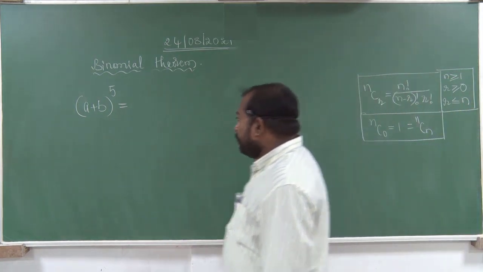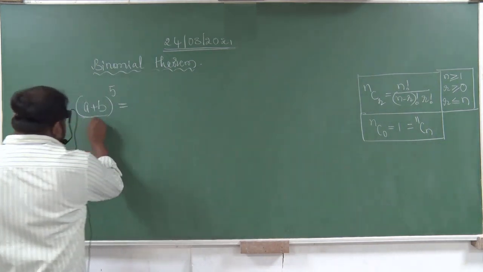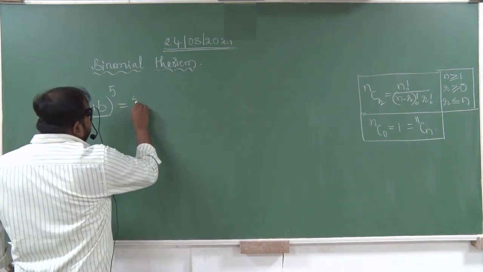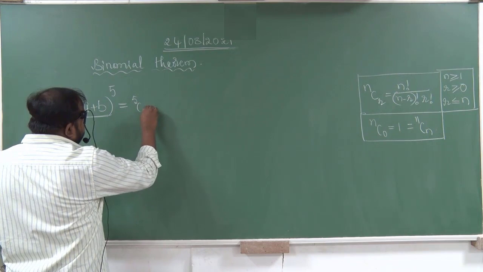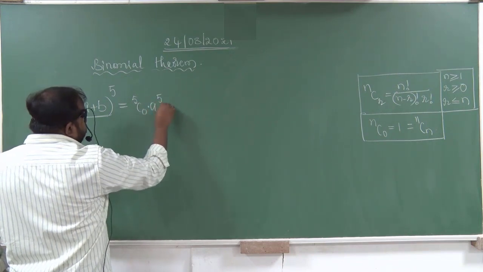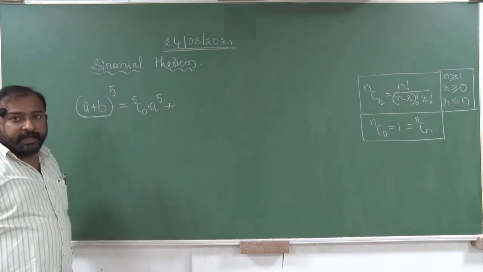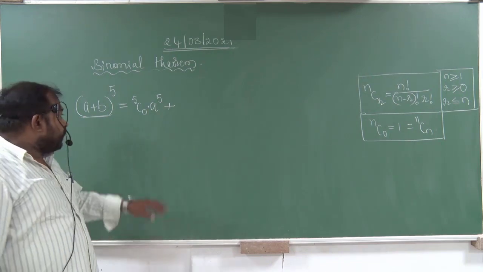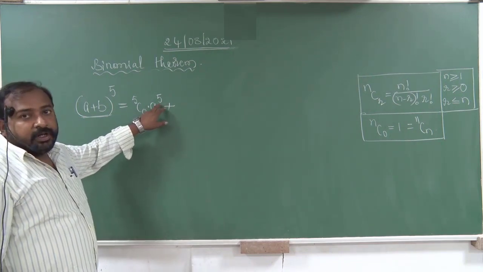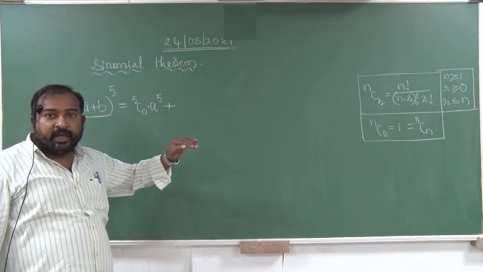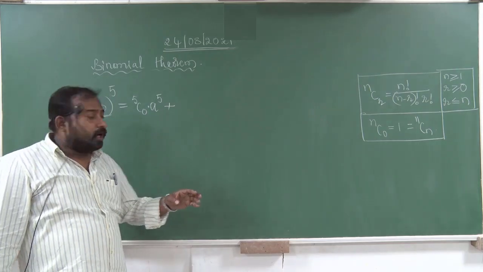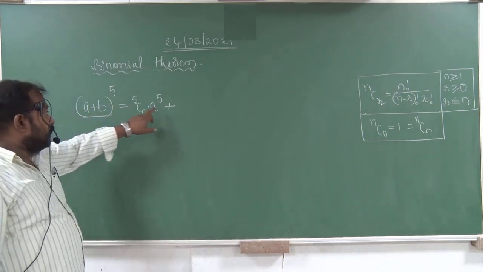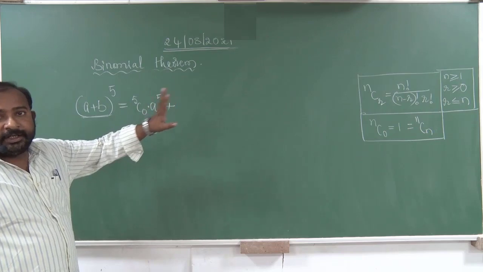How can you identify them? If you observe the (a plus b) whole power 5 expansion, do it: 5C0 a power 5. First you get the highest power of a. After that, the power of a gradually reduces by 1, and here b power 0 in the initial term gradually increases by 1.